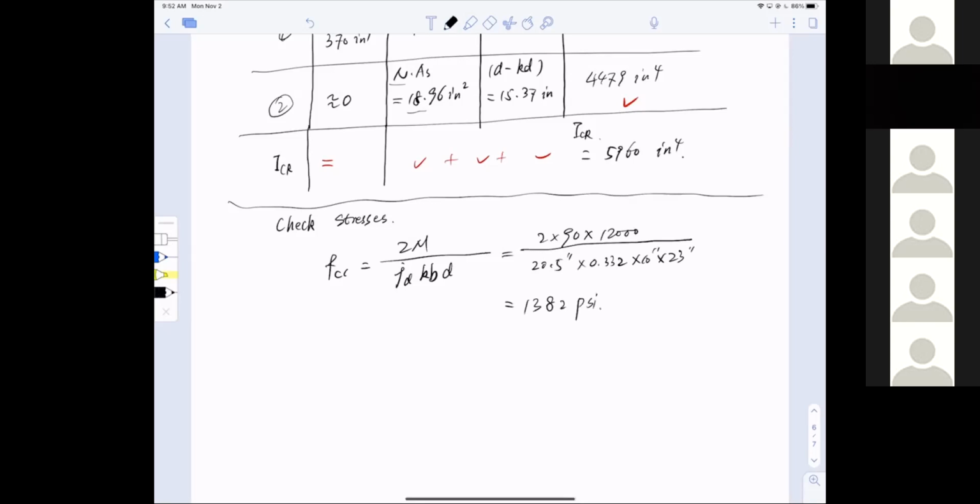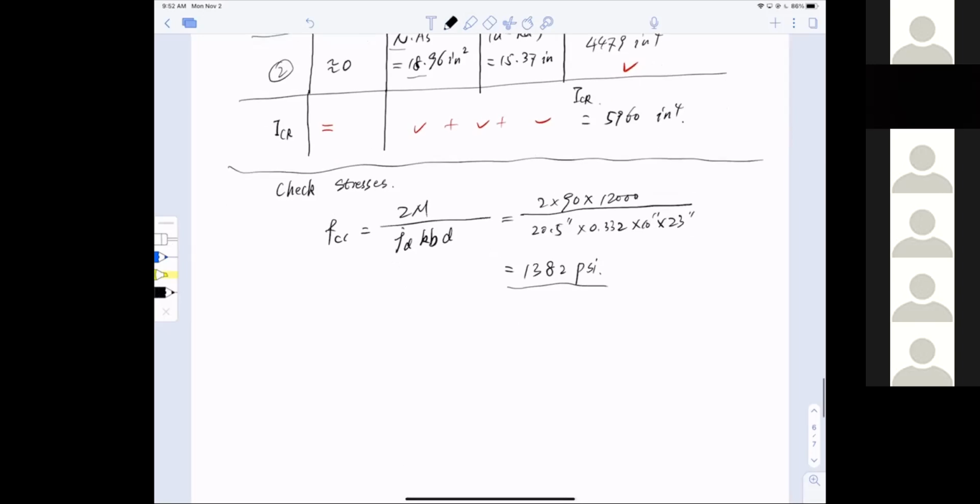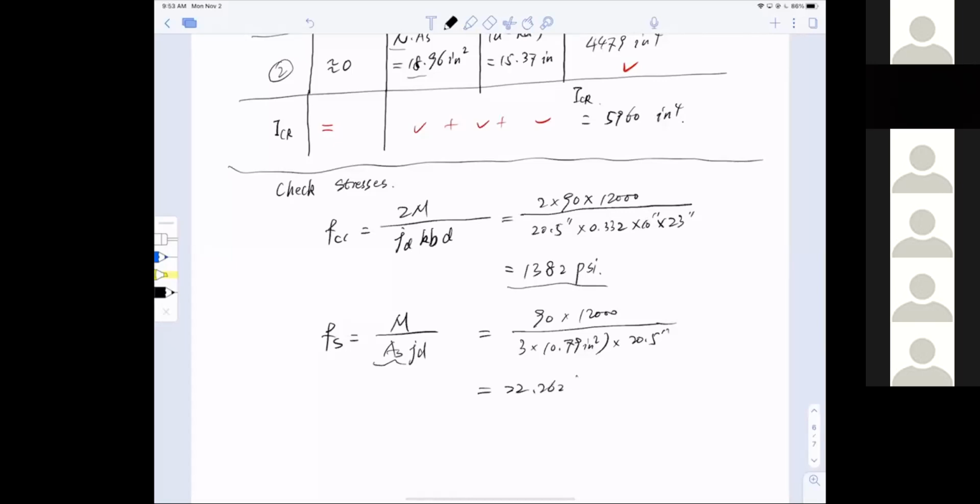Now a little bit higher, you see, it jumped up. And the stress in steel, fs equals M over As jd. It's really easy. So 90 multiplied by 12,000. Don't forget the conversion. This is 3, 0.379 inch squared number 3 rebar. jd equals 20.5 inch. I have this number to be 22.262 ksi.